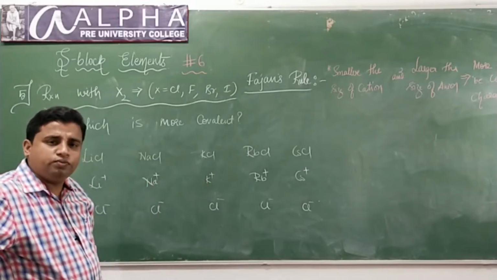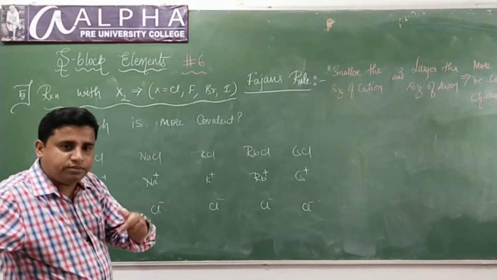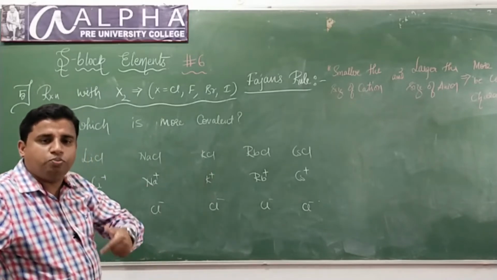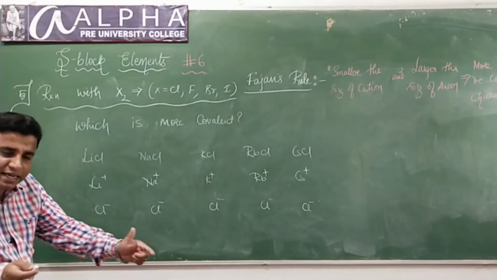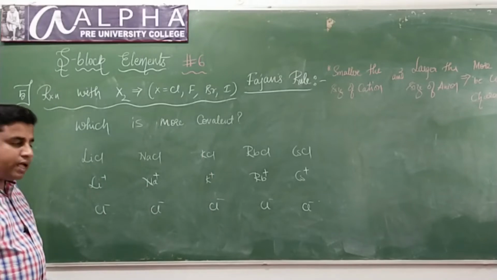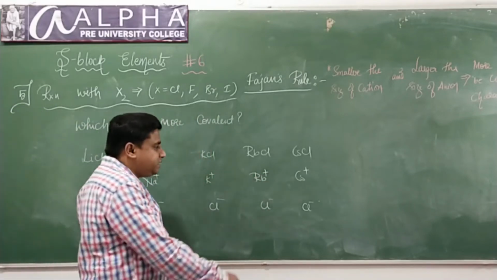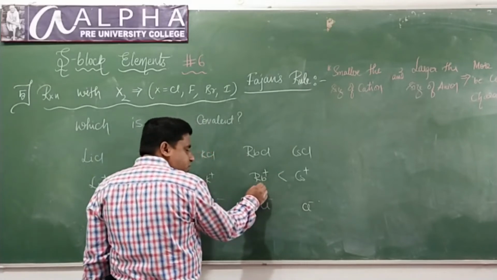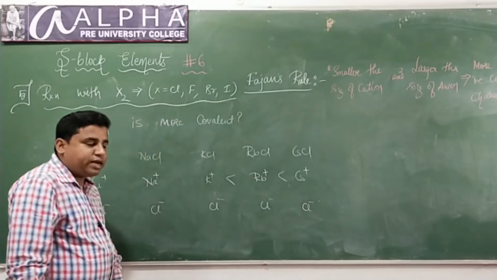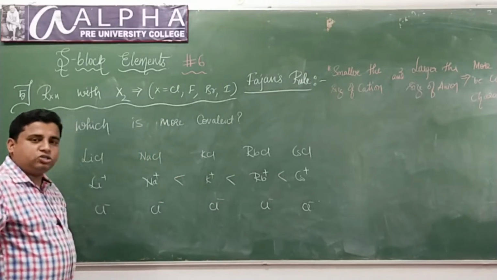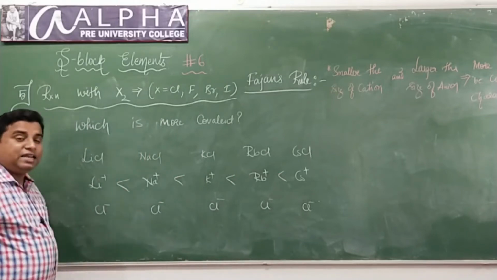I have told you, as we go down the group, ionic size increases, isn't it? That means cesium ion is bigger than rubidium, bigger than potassium ion, bigger than sodium ion, bigger than lithium ion.